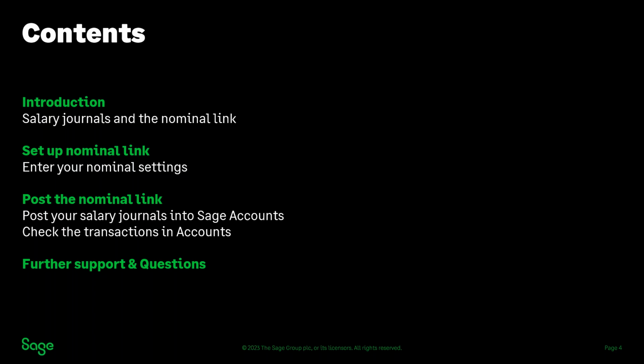It'll then be passed back to myself, who will look at it from a 50 accounts perspective, so you can see the journals that are being posted by that Nominal Link. And then once we've done that, we'll just explain more about the additional support that's available to you, and also we'll hang around for any questions as well.